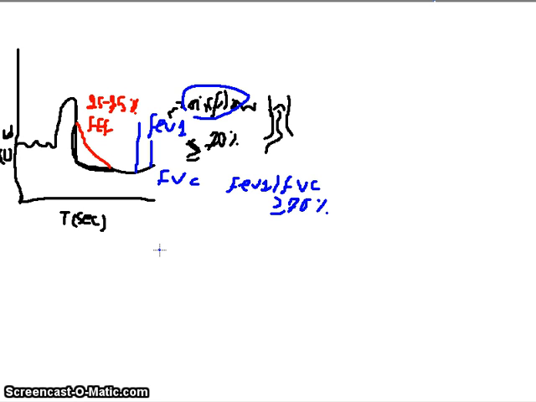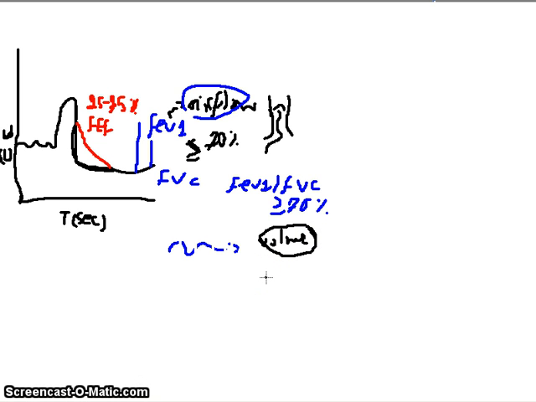We're not reaching the maximum ability, and so what happens is that you will have less air going through here. You will have a decreased volume. If you had decreased airflow there, you will have a decreased volume here. Keep this in mind, because this is the principle, the concept.